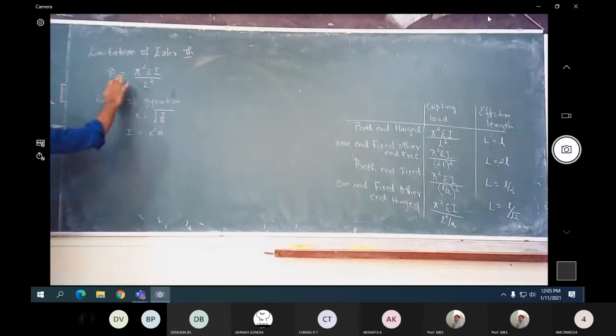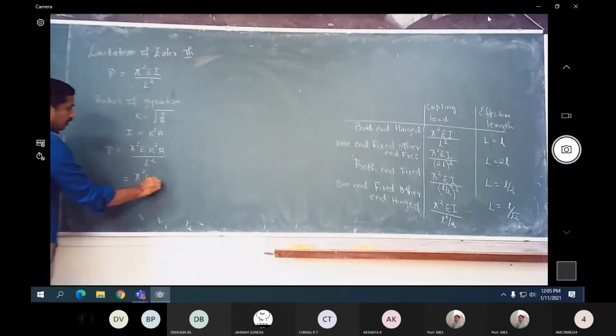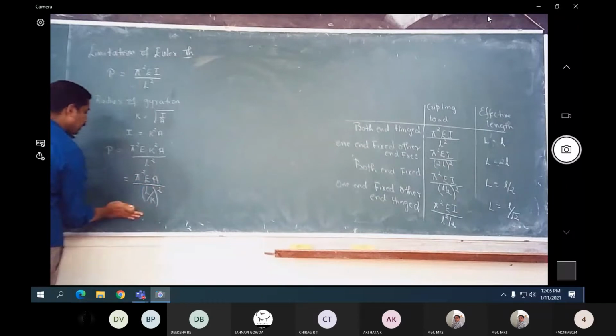So I can get an equation for crippling load: P will be equal to pi square E into k square A by Le square. Or we can rearrange this as pi square E A divided by (Le by k) whole square.